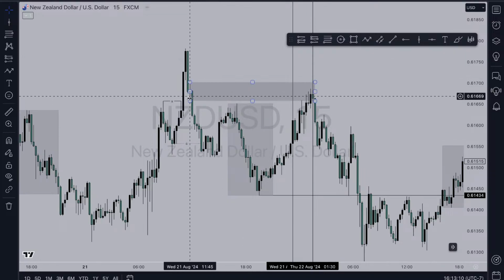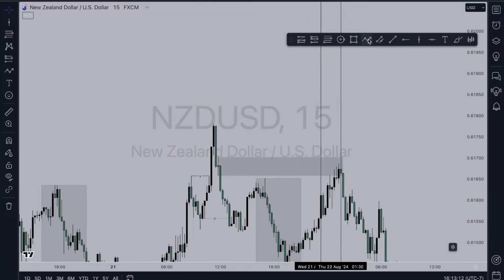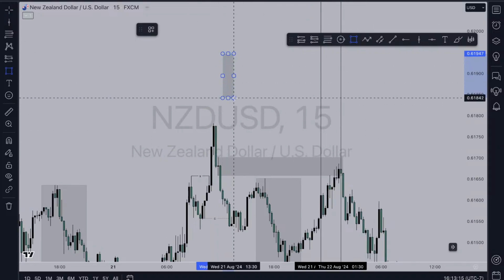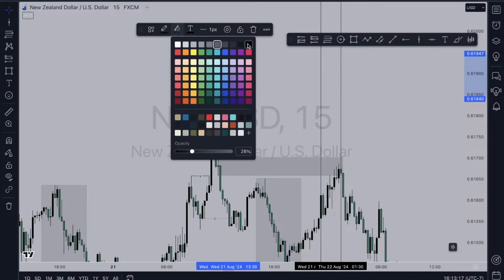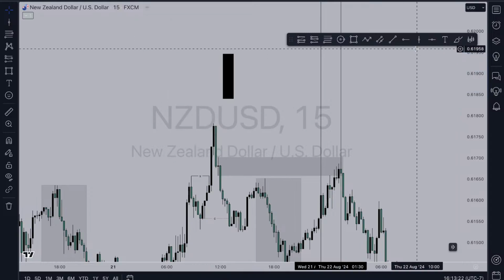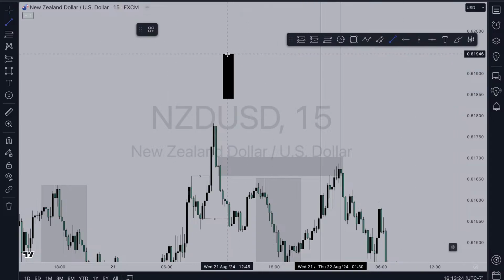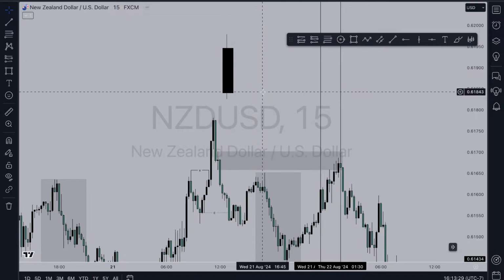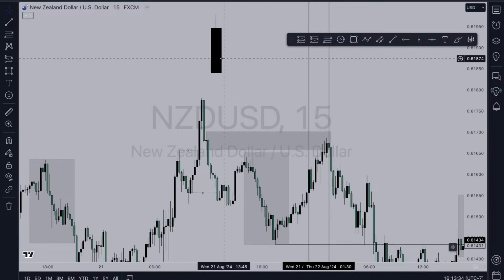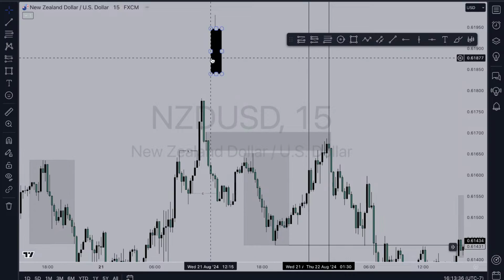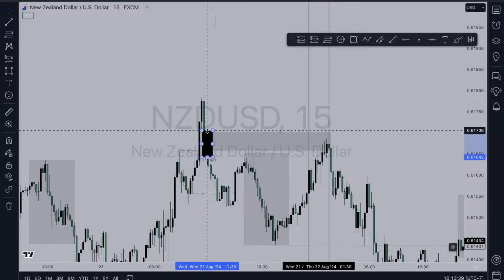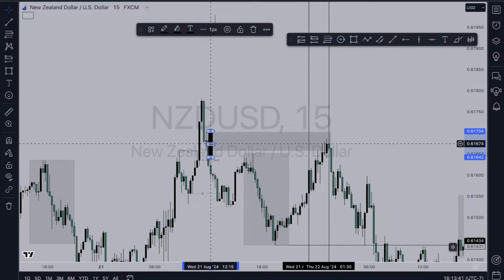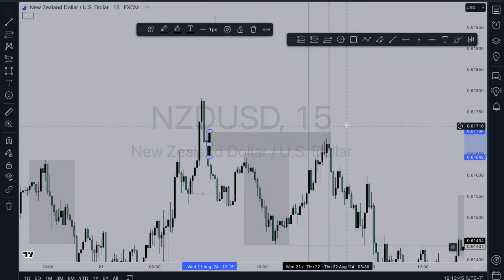Indecision candles, if this was an order block, if it was just one candle like this instead, and my candles are black, so if it was just a straight black candle and then it had 2 wicks on the high and the low, or let's say it didn't even have a wick at the bottom, this is my candle I'm grabbing.